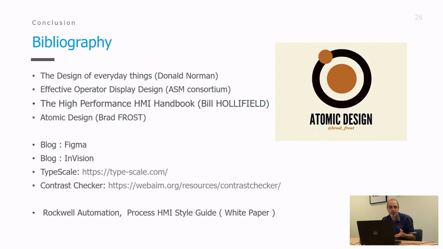I'd like to recommend again Bill Hollifield about two books we already used in the previous webinar, which are the Effective Operator Display Design by the ASM Consortium, and the other one is the High Performance HMI Handbook, also written by Bill Hollifield and his team. The last one is Atomic Design, the approach we use for building the design system, which was written by Brad Frost, and it's a complete step-by-step explanation in designing atoms, molecules, and so on.